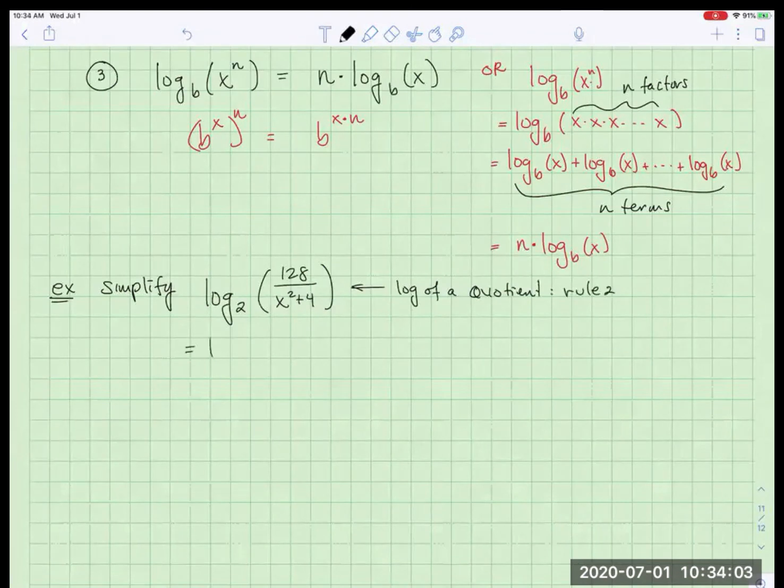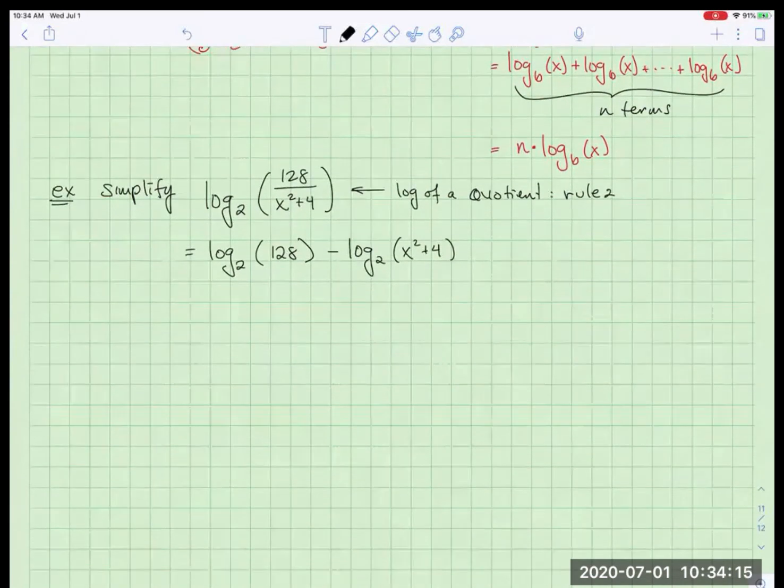And so this is log base 2 of 128 minus log base 2 of x squared plus 4. Now, there's not a lot we can do with that second expression, log base 2 of x squared plus 4, but 128 is actually a power of 2. See, 2 to the 5th is 32, 2 to the 6th is 64.